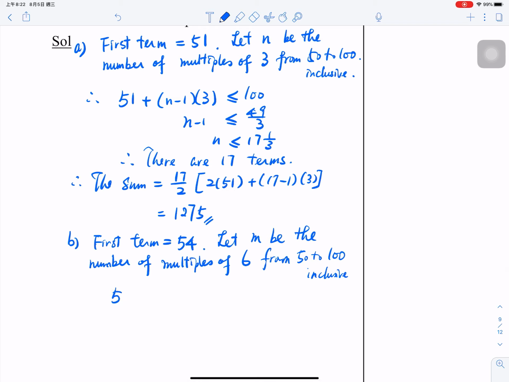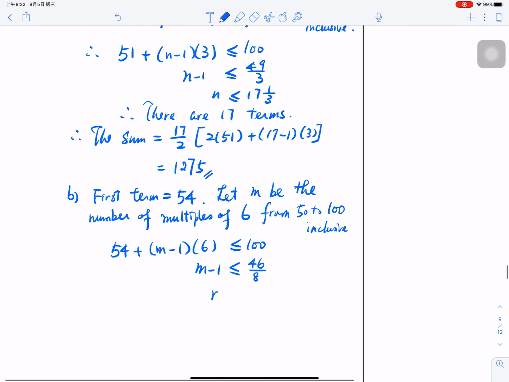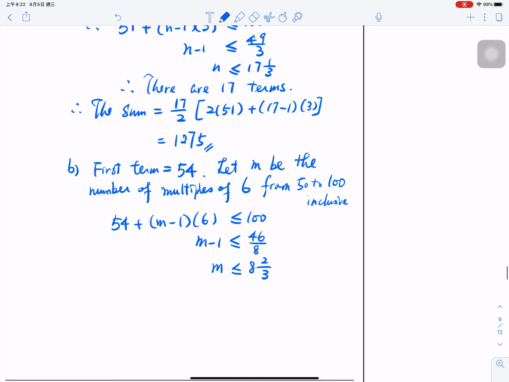So this one: 54 plus m minus 1 times 6 is smaller than or equal to 100. So m minus 1 is smaller than or equal to 46 over 6. So m is smaller than or equal to 8 and 2 over 3.